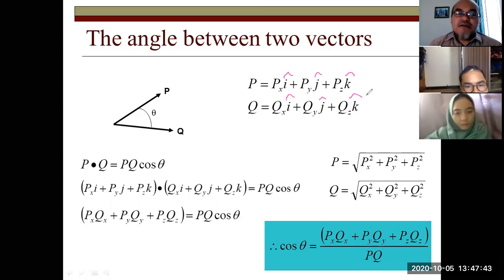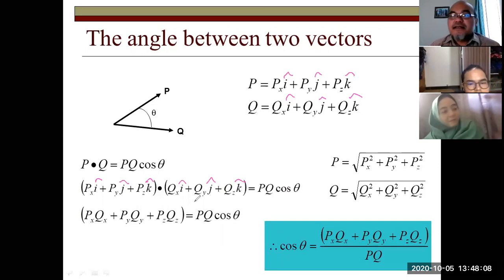Then P dot Q equals PQ cosine theta, which is equivalent to Px i plus Py j plus Pz k, dot Qx i, Qy j, Qz k. We know that I dot J equals 0, I dot K equals 0, J dot I equals 0, J dot K equals 0, K dot I equals 0, K dot J also equals 0.